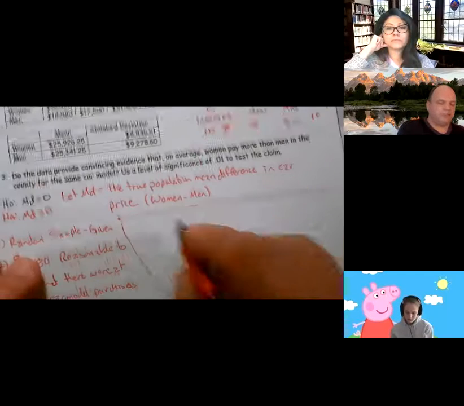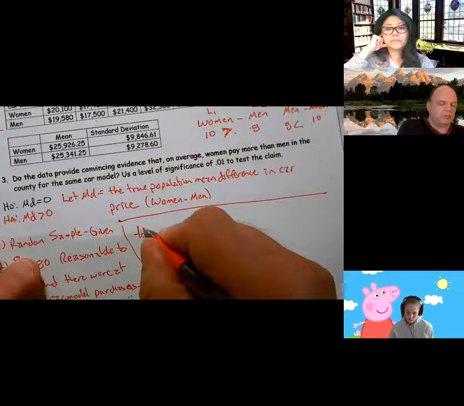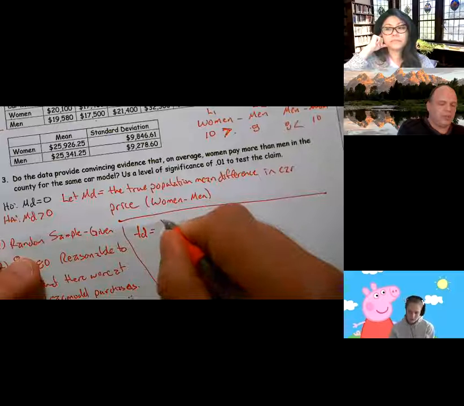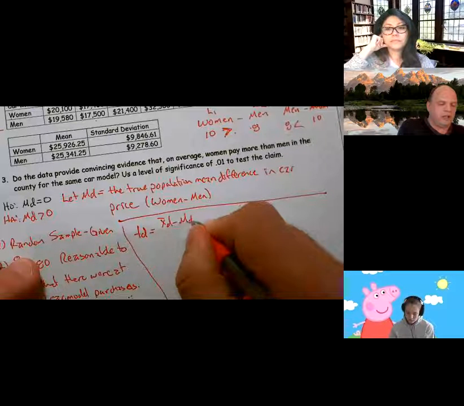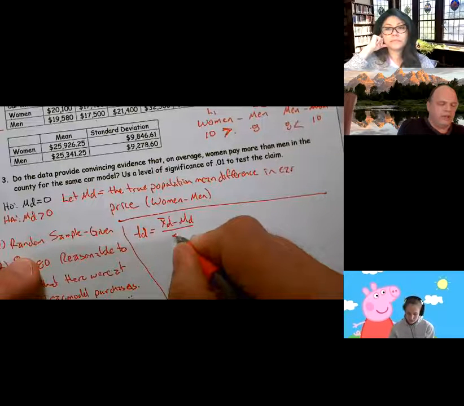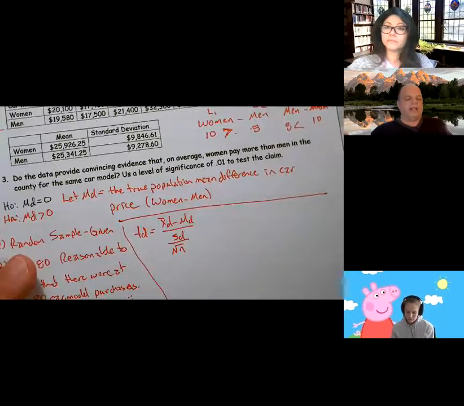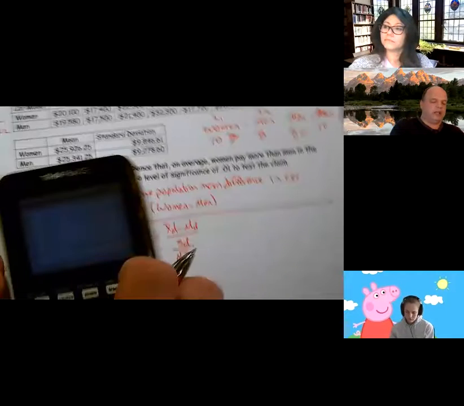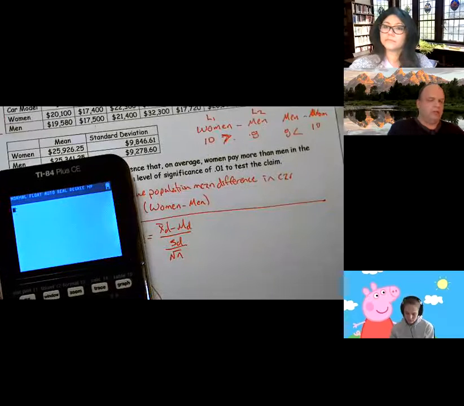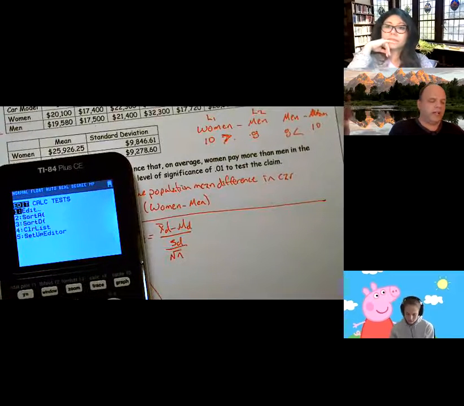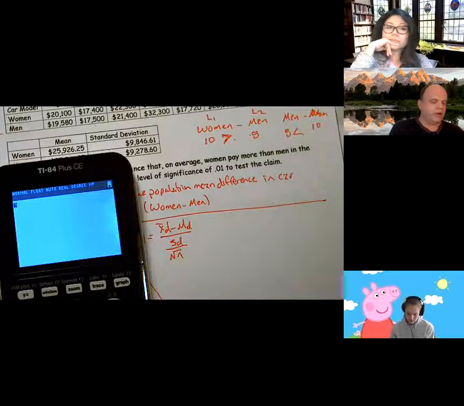My equation: X bar D minus mu D over SD divided by square root of N. Well, I need to get that from the calculator. So I can get that from the calculator by going stats, excuse me, second bars. I did it wrong, excuse me. Stats, calc, one variable stats.